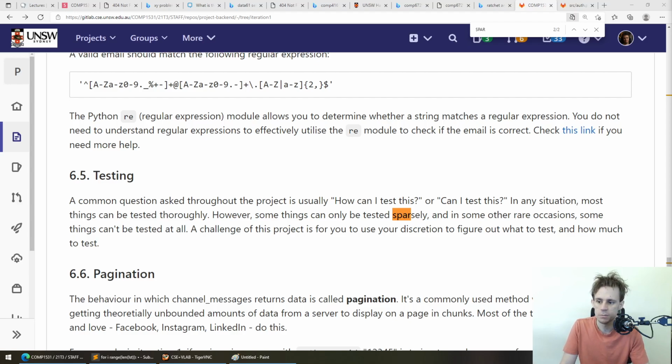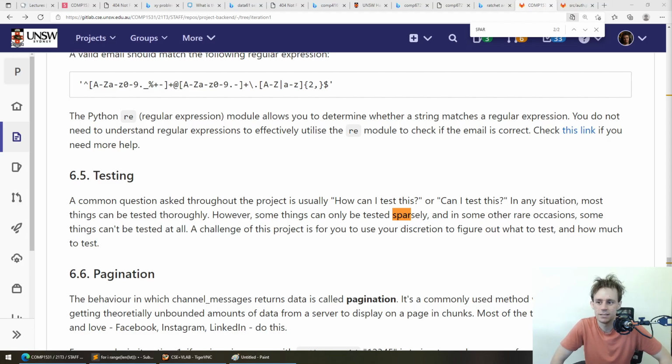Eric says, since black box testing is limited, is there a minimum number of tests we need? It depends what's in your test, how many asserts you have in your tests, and how you structure them. I don't want to give you a number, but I'll give you a rough number because I know everyone wants one: you should be able to write thorough tests for your code in 20 to 100 tests.